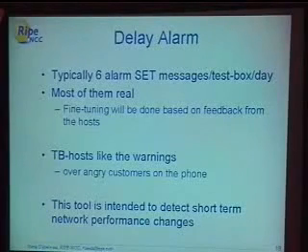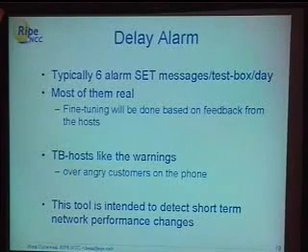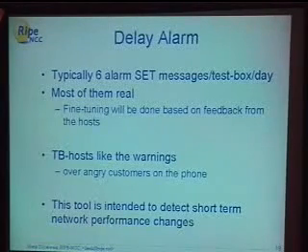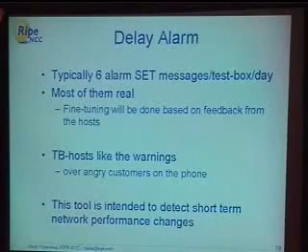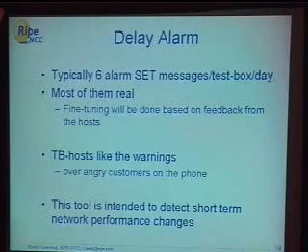We're still in contact with the sites that actually get the alarms, to get some feedback if what we saw actually correlated with their techies playing with the networks. In general, people seem to like this more than getting angry customers on the phone because the net is so slow. And like I said, this is a tool to detect short-term network performance changes.